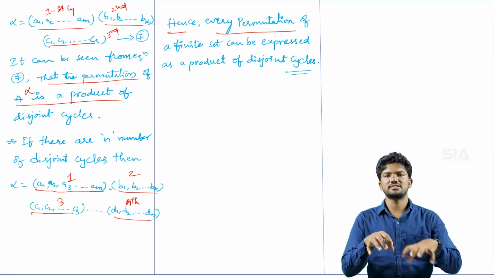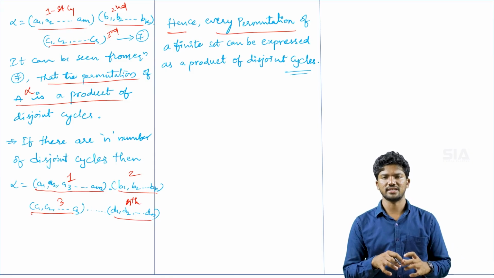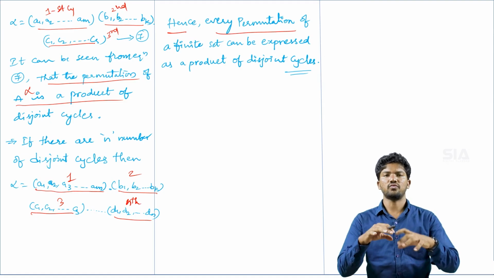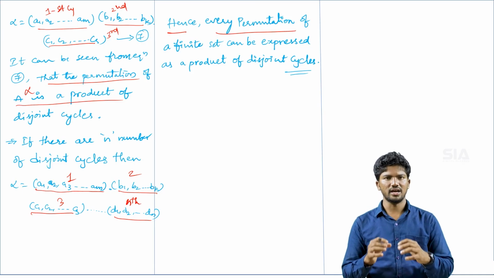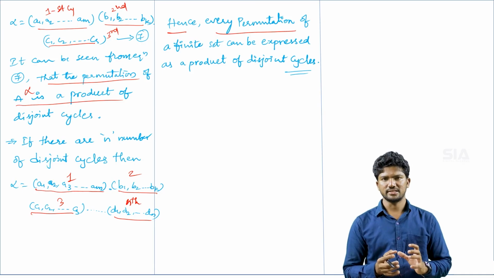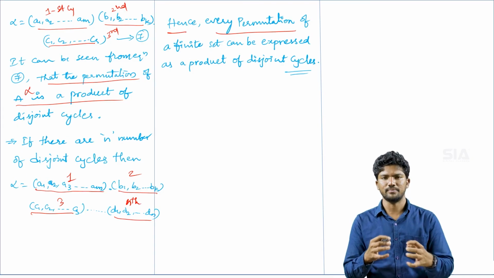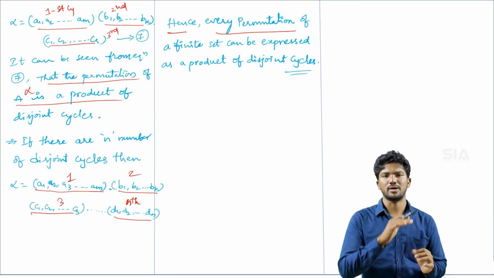What is the use of disjoint cycles? Why do we have to divide the permutation into disjoint cycles? The use of disjoint cycles is to find the order of the permutation. You write down the lengths of the disjoint cycles, then take the LCM of the lengths, and that LCM value is the order of the permutation.